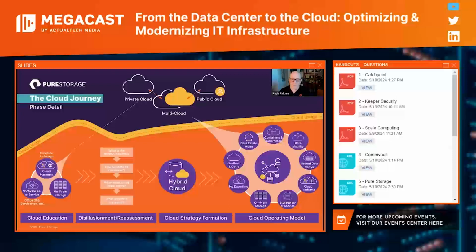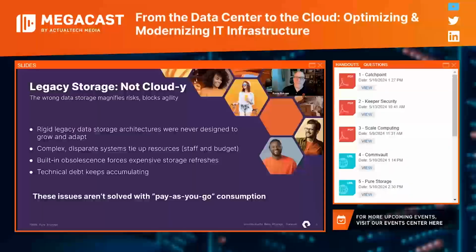Things like storage as a service, minimizing downtime, making sure that, again, just like the public cloud, we don't have to have outages on nights and weekends to do upgrades and patches and infrastructure replacements and things along those lines. We need infrastructure that is infinitely more scalable and agile. The trouble is, what blocks a lot of organizations from being able to get there is frankly their data storage.